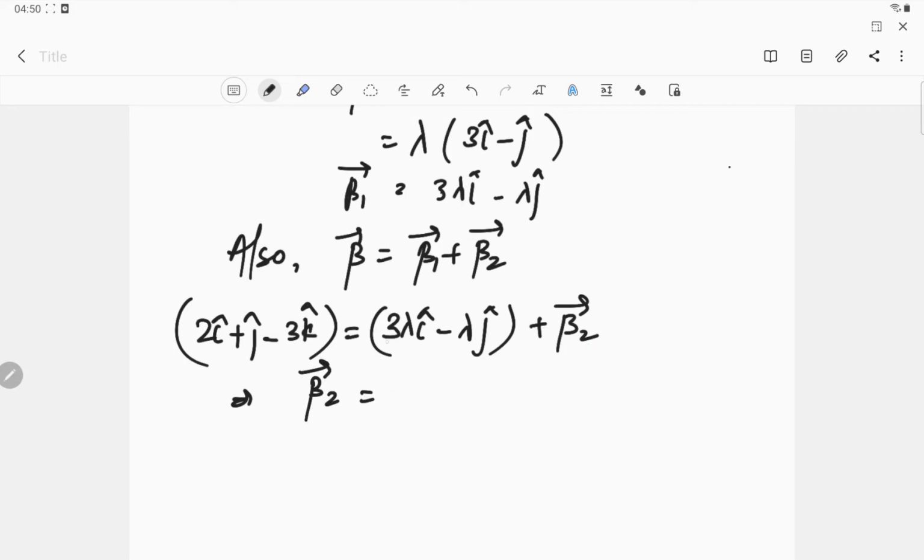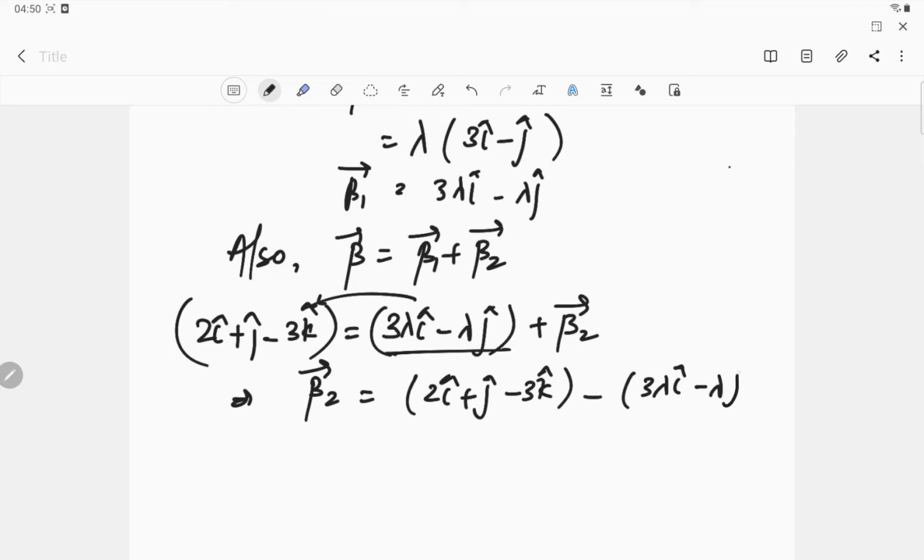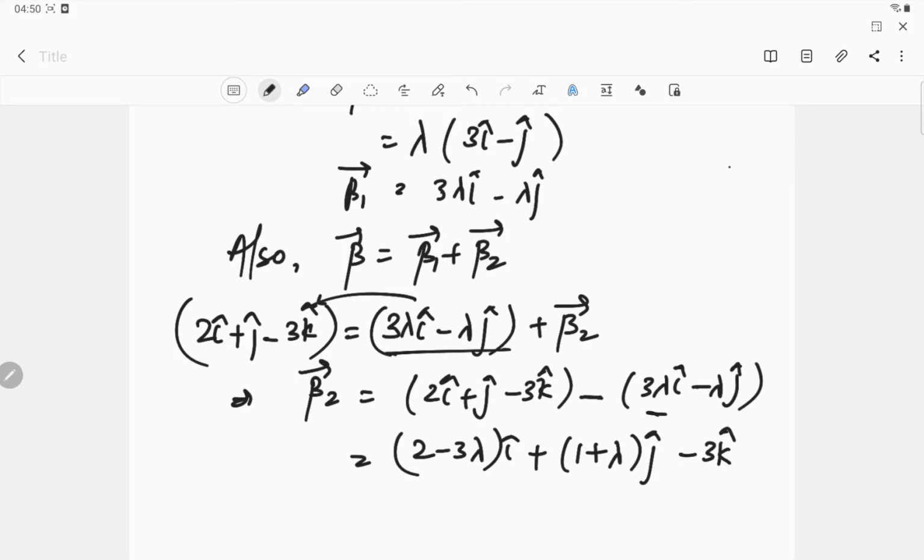This will be given by subtracting these two vectors, or we can say this vector will be taken to the left, that is 2i plus j minus 3k minus 3 lambda i cap minus lambda j cap. So this is going to give us 2 minus 3 lambda i cap, and then further 1 plus lambda j cap. This is going to be a positive quantity when you open the bracket, and minus 3k cap, since there is no k cap term in the second vector. So this is our beta 2 vector.